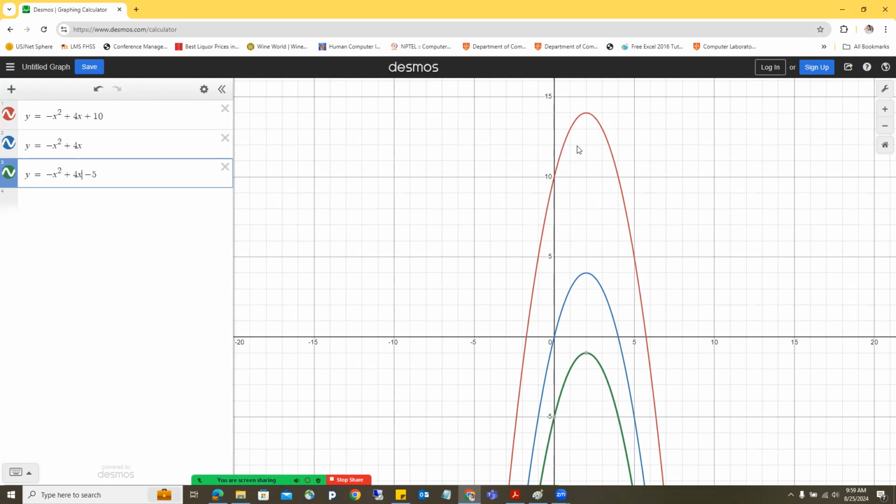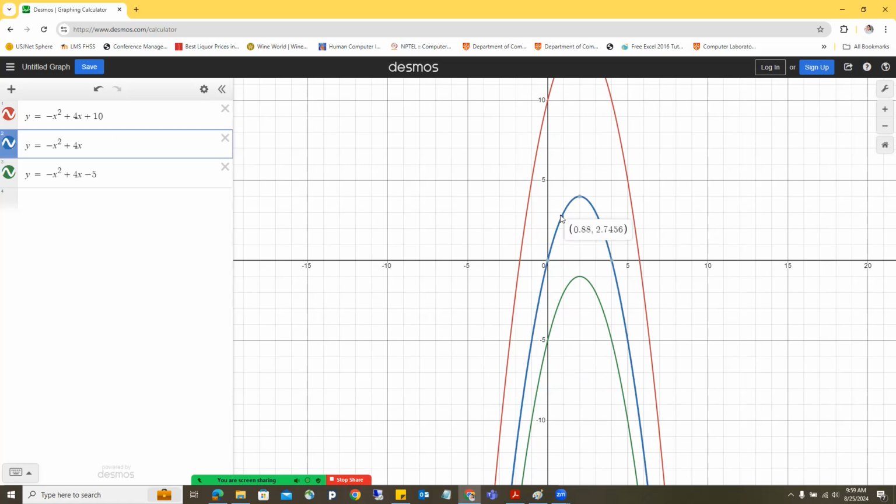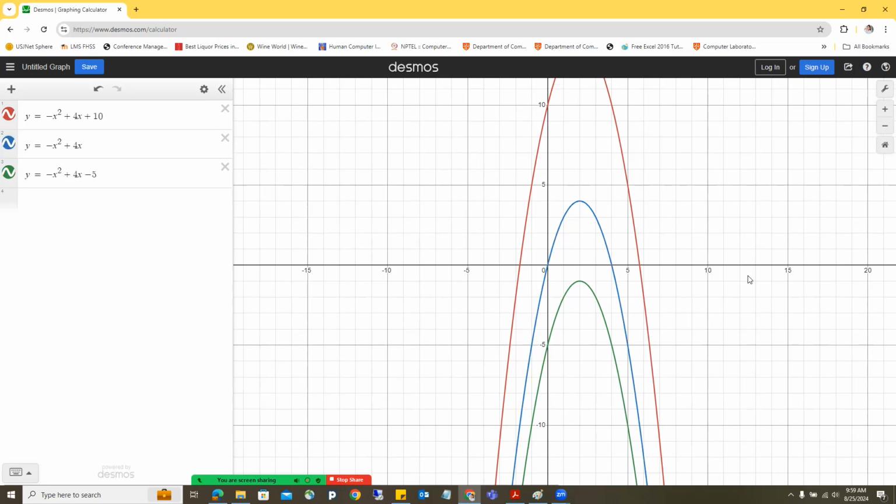If you count 1, 2, 3, 4, 5, 6, 7, 8, 9, 10, the red function has been shifted down by 10. From this one to this one, here we have minus 5. Again the blue graph has been shifted down by 5 units. Is it clear what has happened?